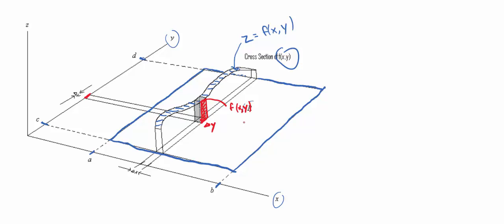Would you believe that? So the area of that rectangle would be height times width, right? f of x, y delta y. Would you believe that? Okay.